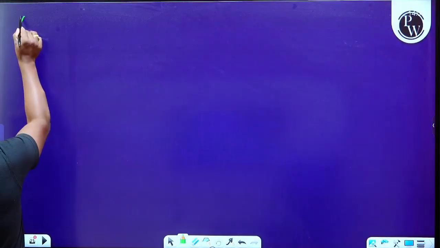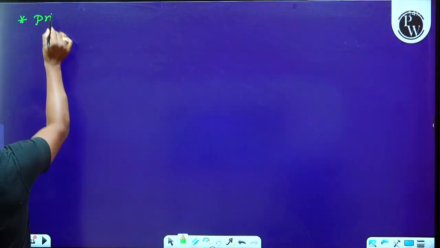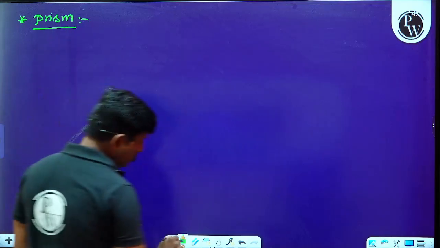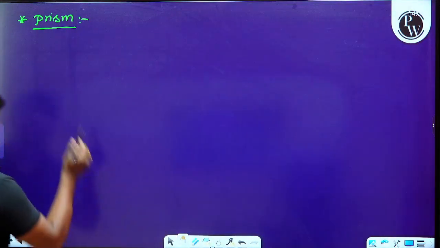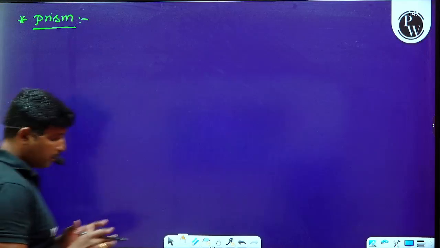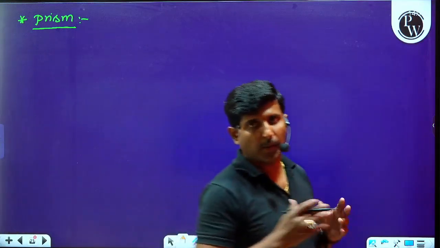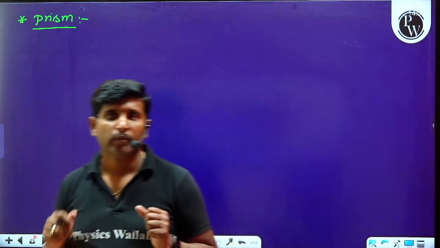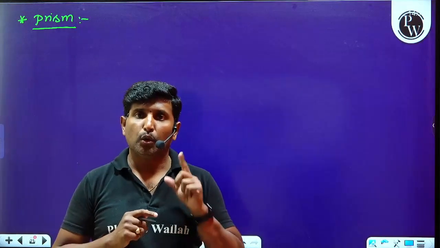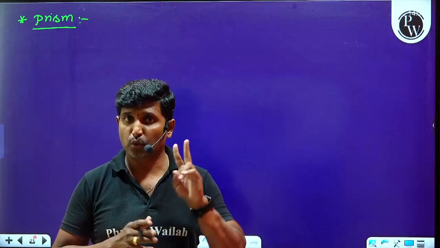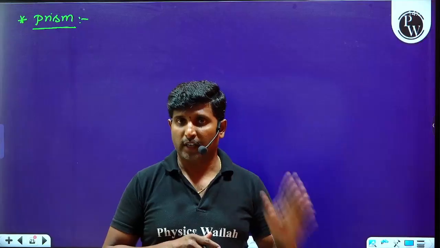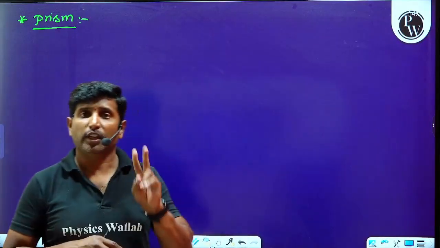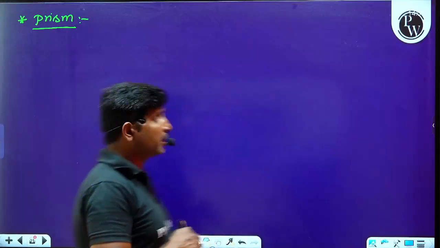That is prism. Next topic, not concept. So what are the important formulas we have to learn under the concept of a prism? Please consider what is a prism. Prism is nothing but an optical medium bounded by two triangular faces and three rectangular faces.